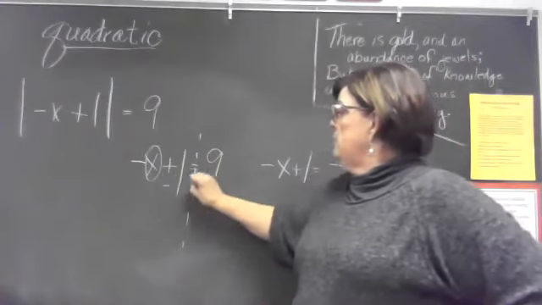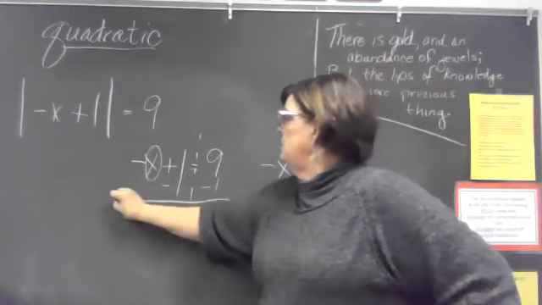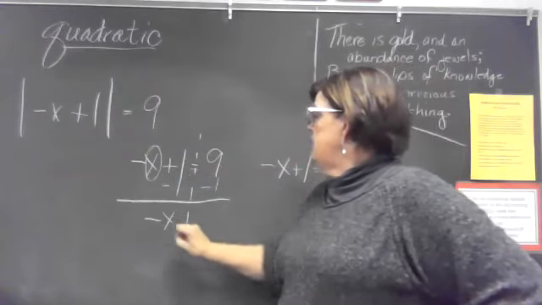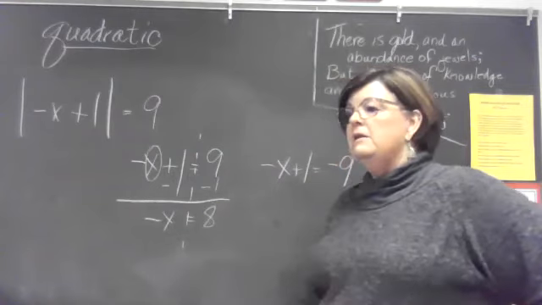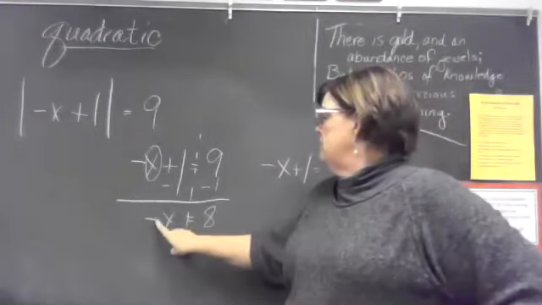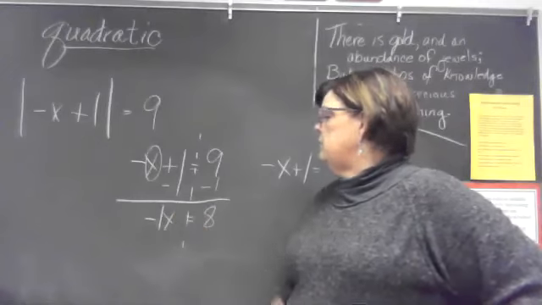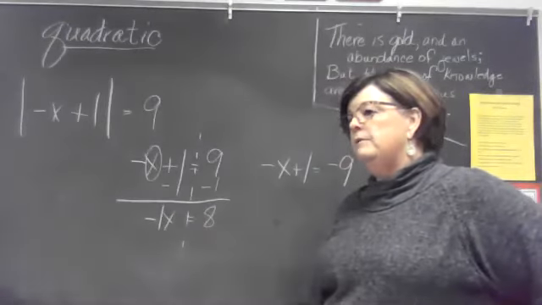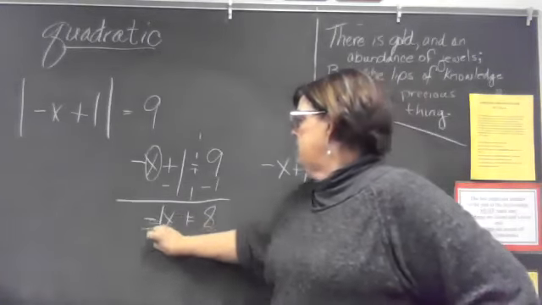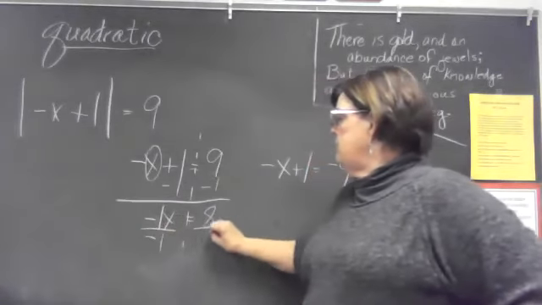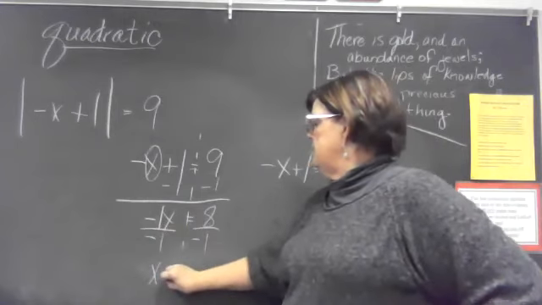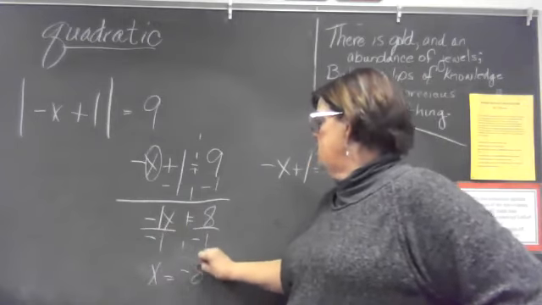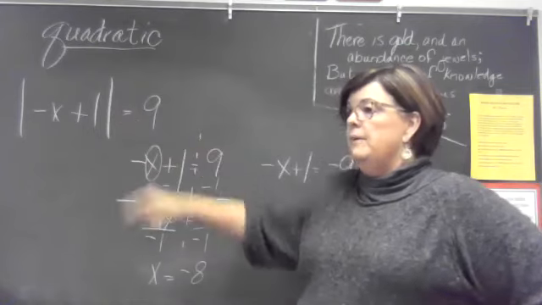So I'm going to subtract 1, subtract 1. I have a -x equals 8. But I can't leave the negative. And it's like a -1. It's that invisible -1. So I have to divide by -1 and divide by -1. So x can equal a -8 to make that true.